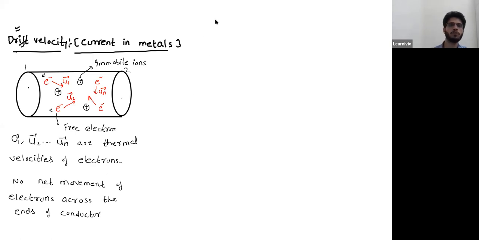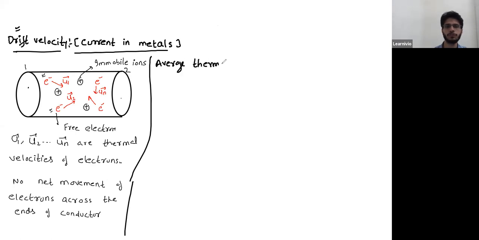There is no net movement of electrons across the ends of the conductor. Or you can say that the average thermal velocity is zero. There is no current, there is no net movement of electrons. You can say the average thermal velocity is zero.